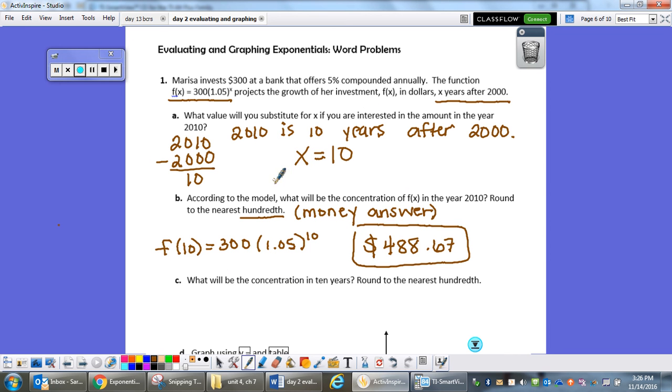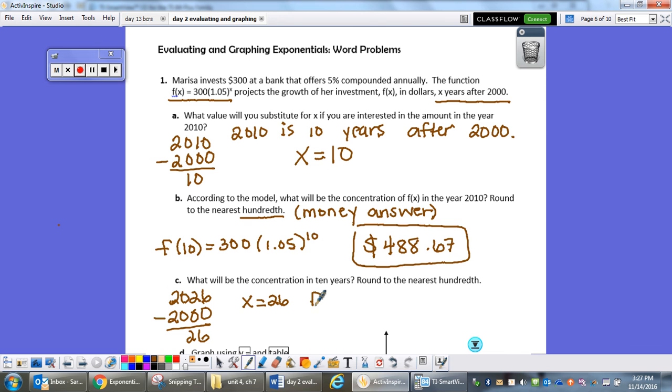What will the concentration be in 10 years? So in 10 years, we're going to be in the year 2026. Unfortunately, Miss Bailey is going to be 36 years old then. 2026 is 26 years away from 2000, so you're actually using x equals 26, because 2026, again, is 26 years after 2000.